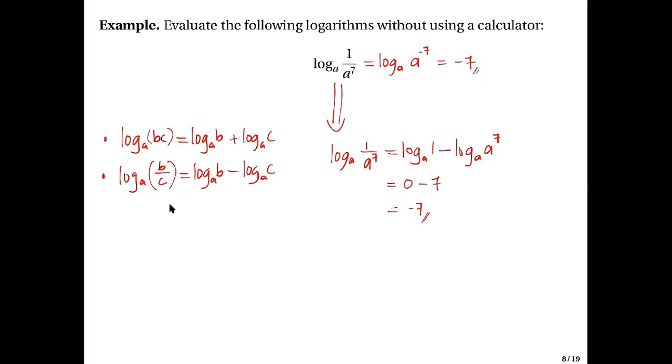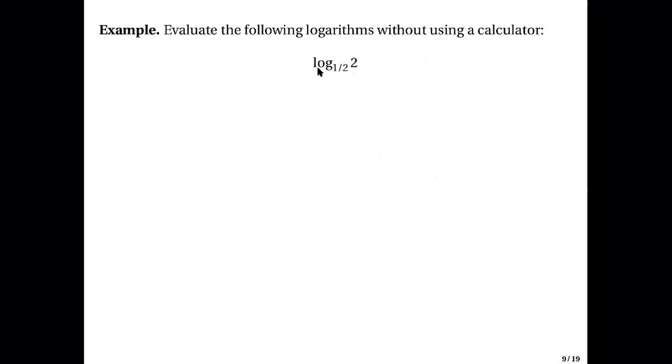Next problem. We want to compute log of 2 base 1/2 without using a calculator. We now have a base 1/2. Our argument is 2. But you know that 2 can be written as 1 over 2 raised to negative 1. So this log of 2 base 1/2 is just log of 1 over 2 raised to negative 1 base 1/2.